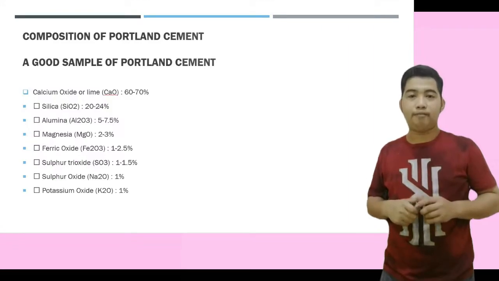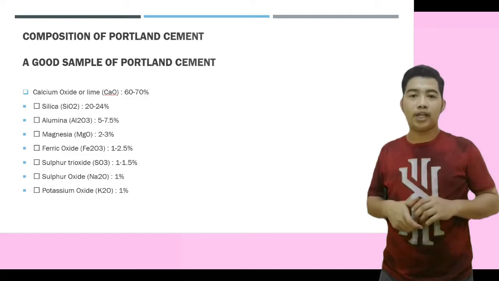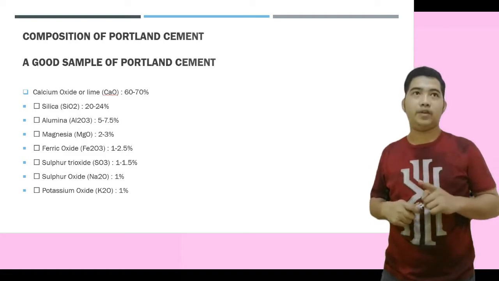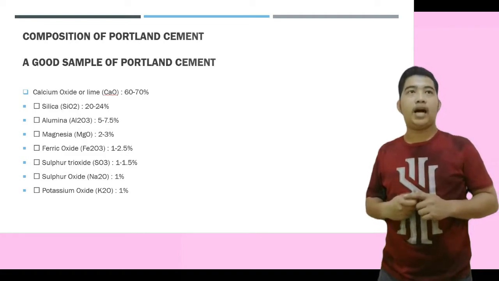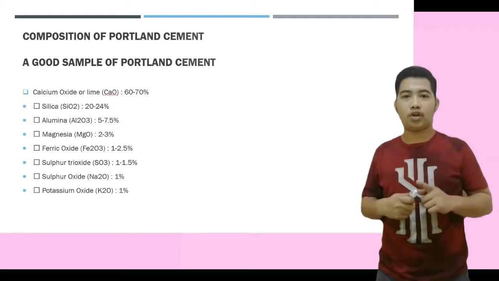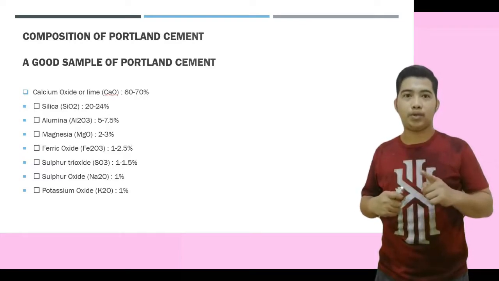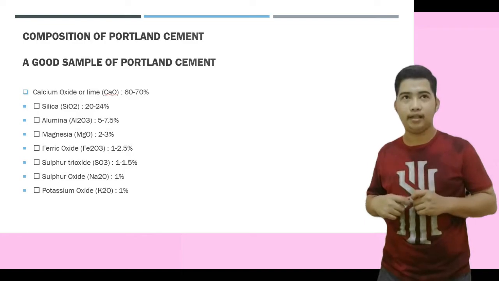Composition of Portland cement. A good sample of Portland cement has the following. Calcium oxide from limestone, chalk, shell, or calcareous rock is about 60 to 70%.